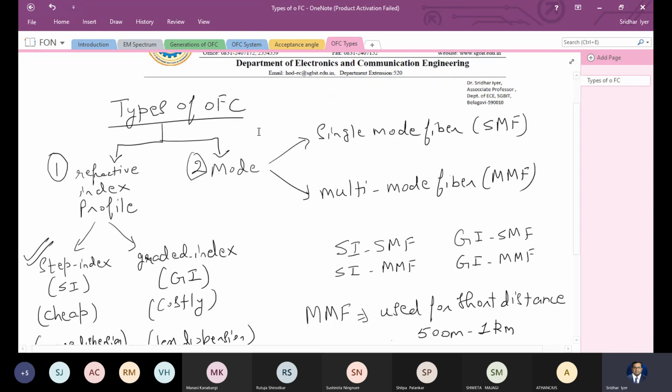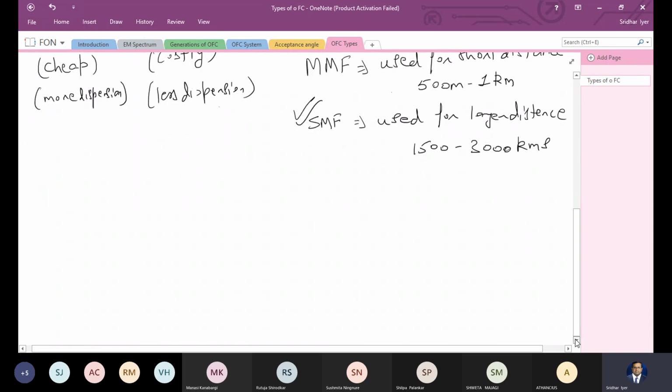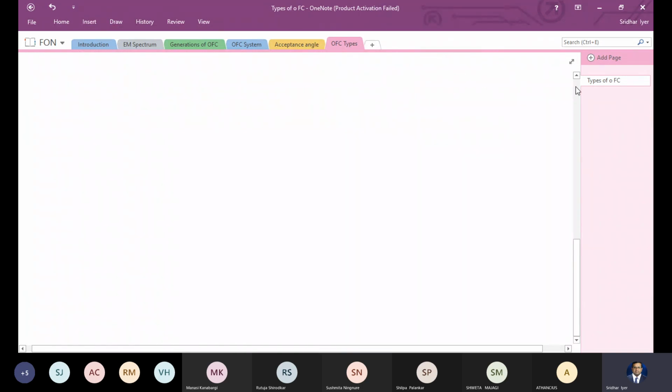So when it comes to the refractive index profile, let me start drawing here. We'll first do the step index fibers. So for the step index fiber, as the name suggests, it is step.